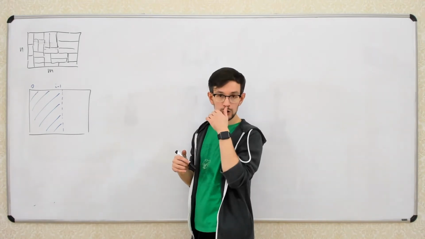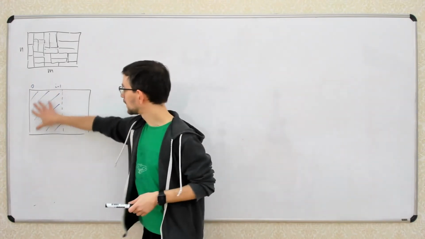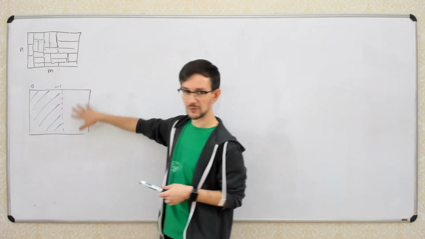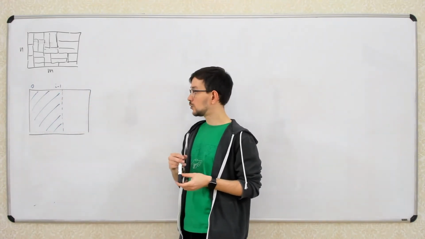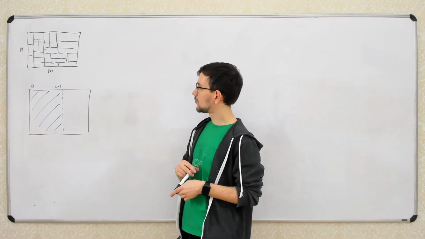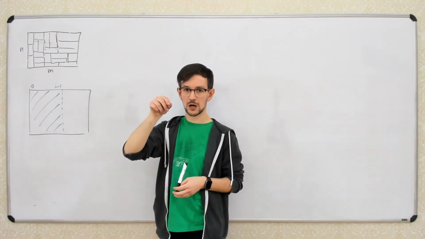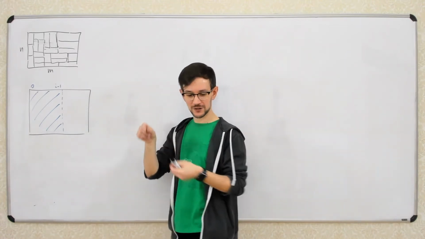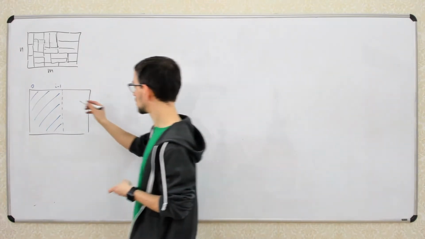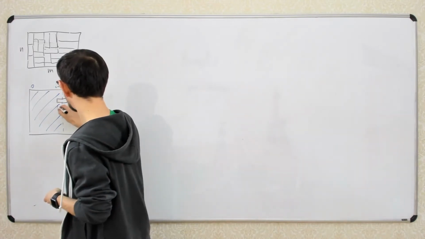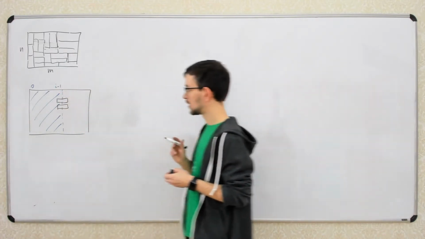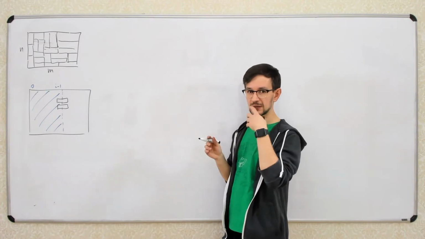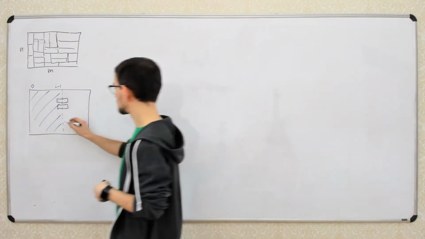Now, what do you need to know about this left part to be able to fill the right part? You need to know which of these tiles are going out of this left part. There are some tiles which go out a little bit of this left part, something like that.